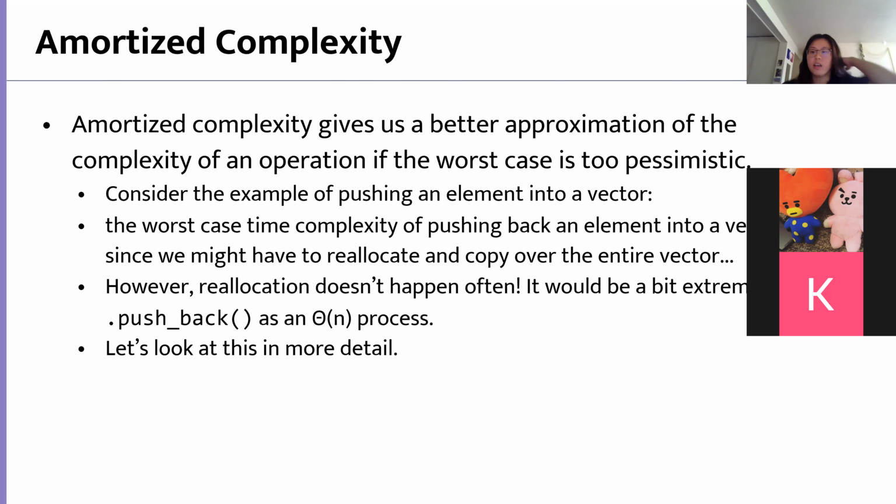However, most of the time when you are pushing into your vector, you don't need to do this copying process. It's just an O of 1 operation where you push it into the last spot in the vector. So it would be a bit extreme to always say that push back is an O of n process.